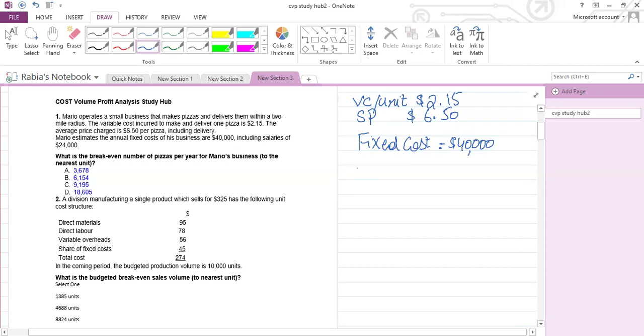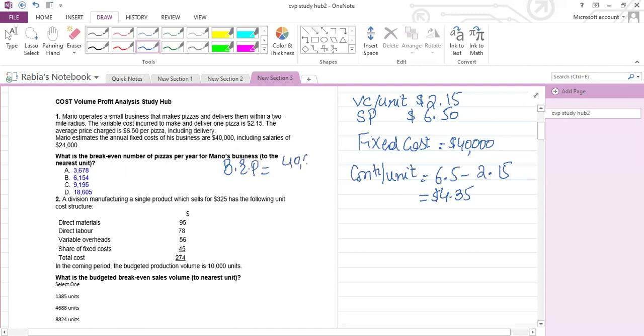So, you calculate contribution per unit. What is contribution per unit? 6.5 minus 2.15. You will get your contribution per unit, that is 4.35. Now you will calculate your break-even point in units.